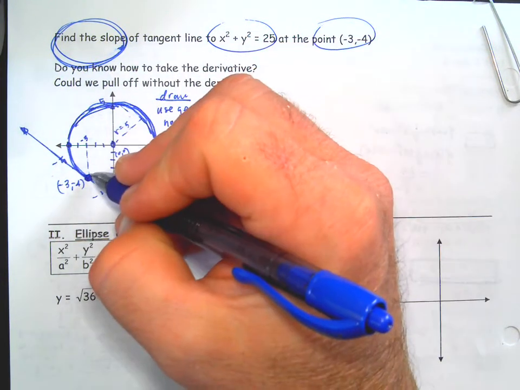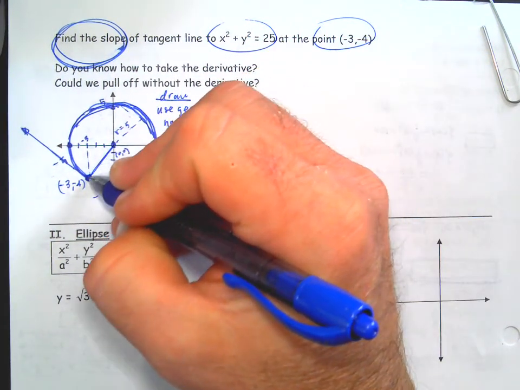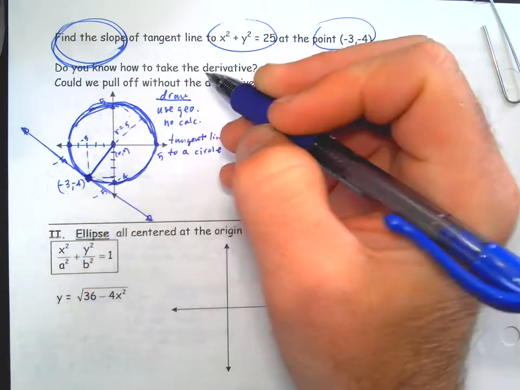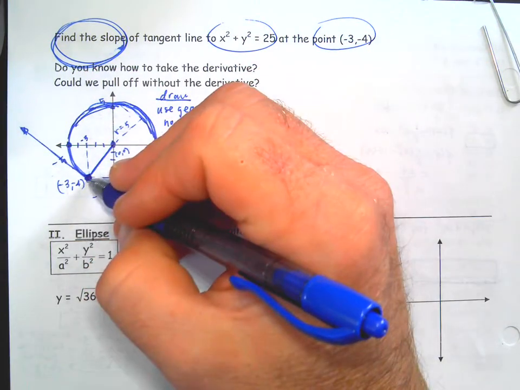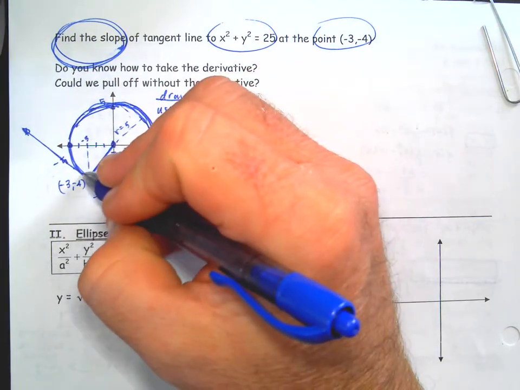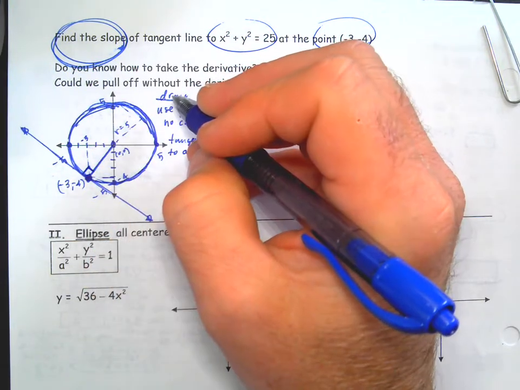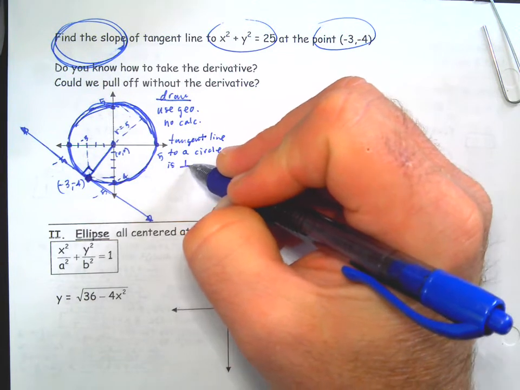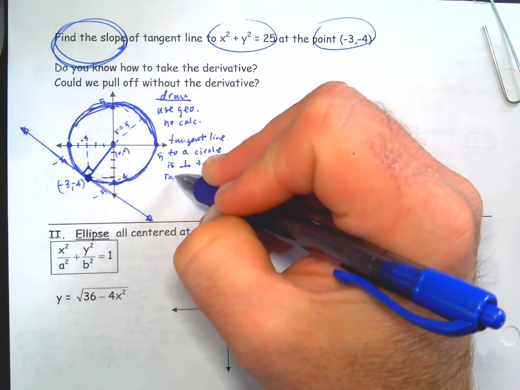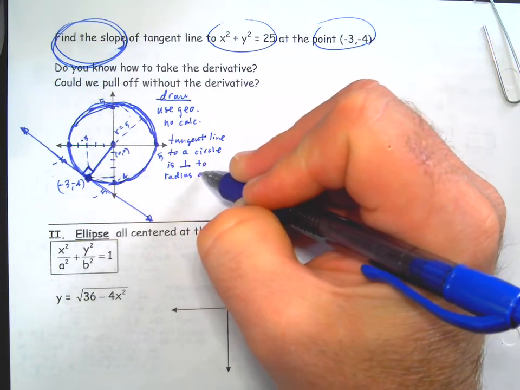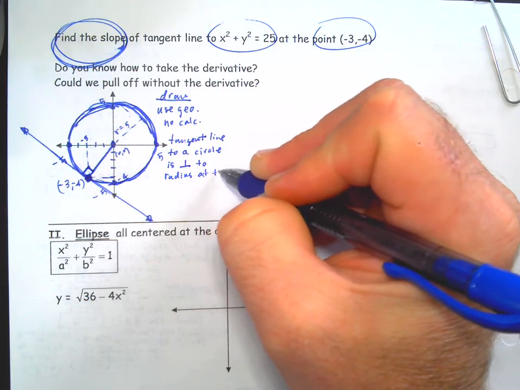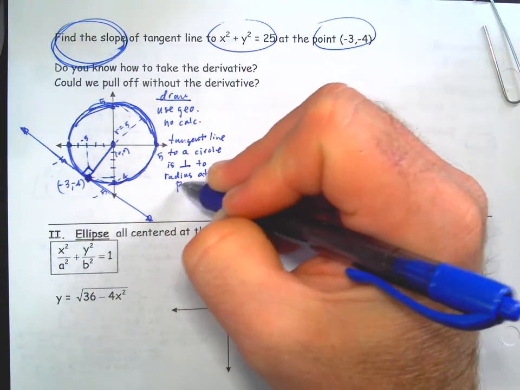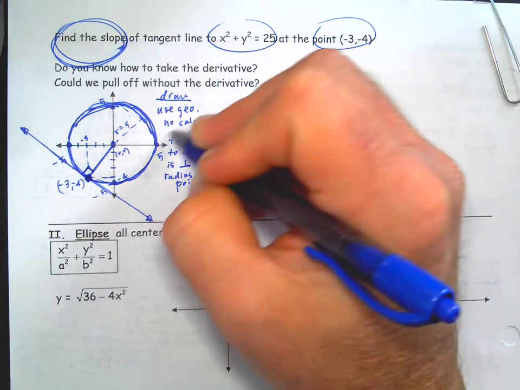It has something to do with the radius at the point of tangency. The tangent line is perpendicular to the radius at that point. They form a right angle. So we're going to rely on that because that's going to make this really easy to figure out.